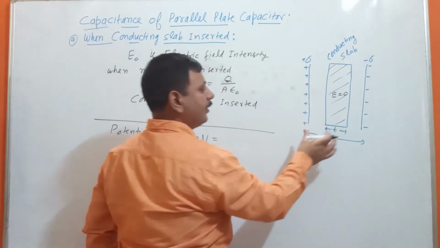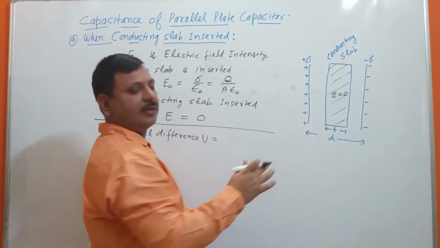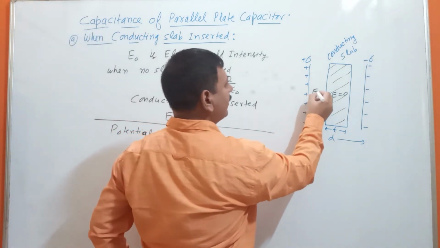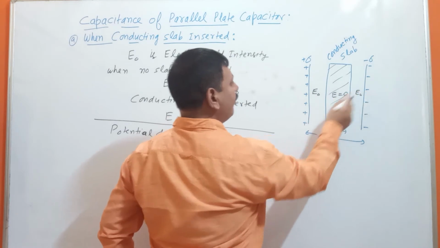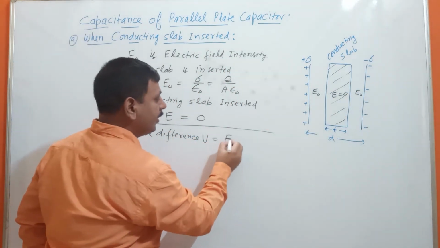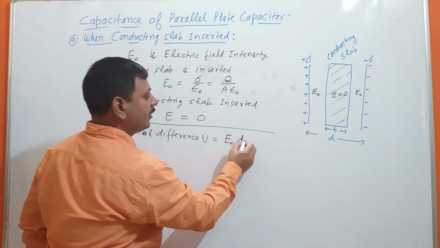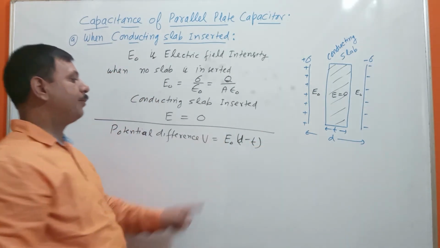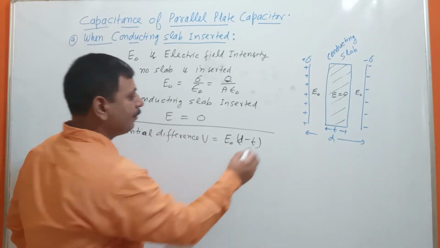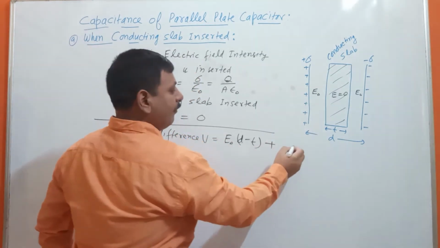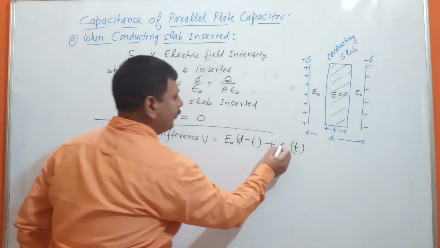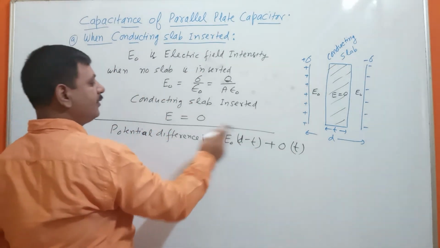See here, the total is D, T is the conducting slab, and the remaining is D minus T. So the E naught electric field will be for the distance D minus T. That's why the potential due to E naught is E naught into width D minus T, plus for width T the electric field intensity is 0, so 0 into T. So this will be the potential difference.